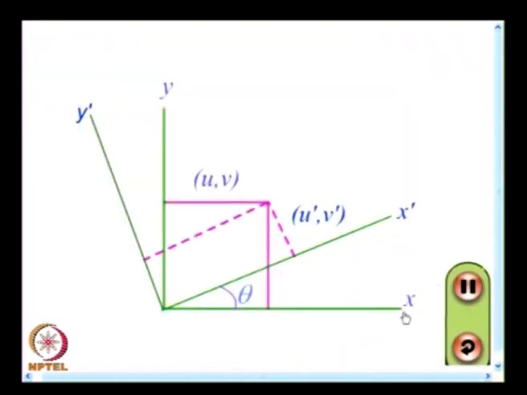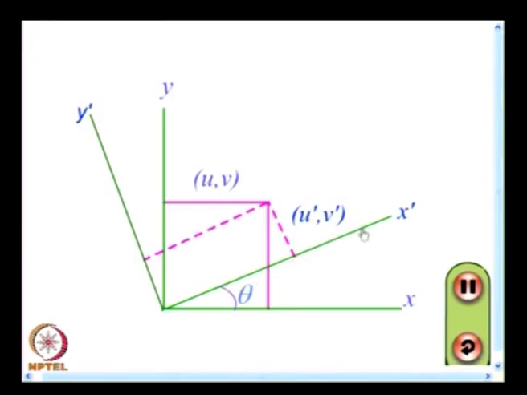So, what I have here is the reference axis x and y, and I have a point labeled as u comma v. So, I can find out u, I can find out v, and what I want is another coordinate system at angle theta.